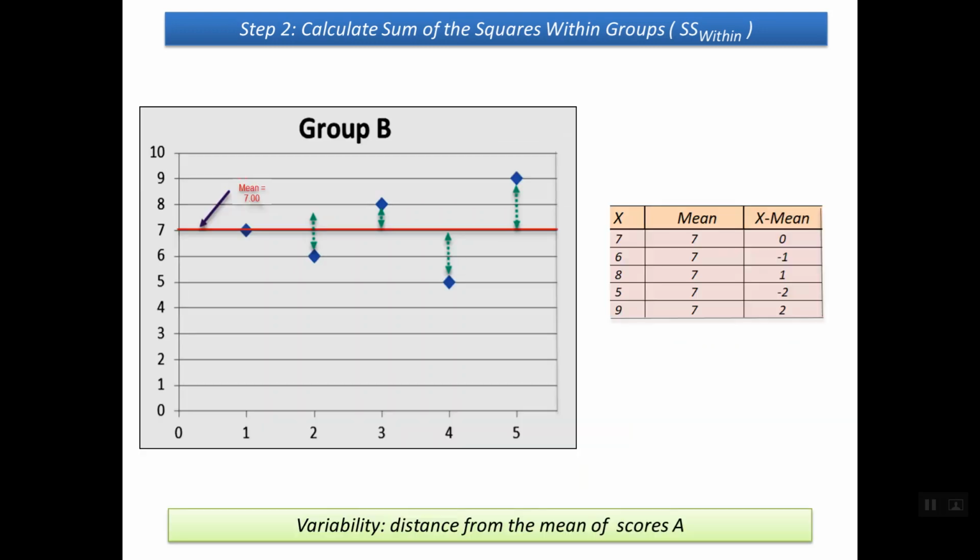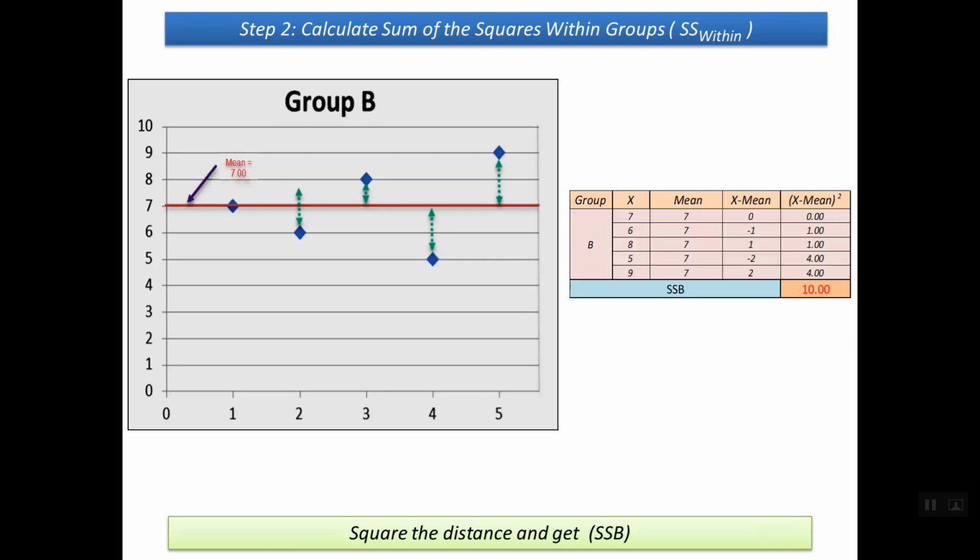Now we need to find the variability, which simply represents the distance between each score in group B and the mean. So for the first point, which is 7, this point here, it is the same as the mean, so the deviation is 0. If you try to sum up all of these deviations, you will get 0.